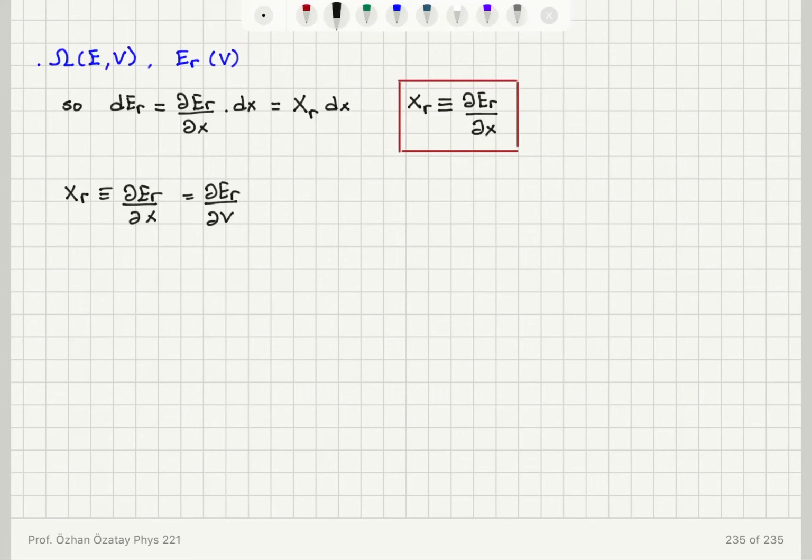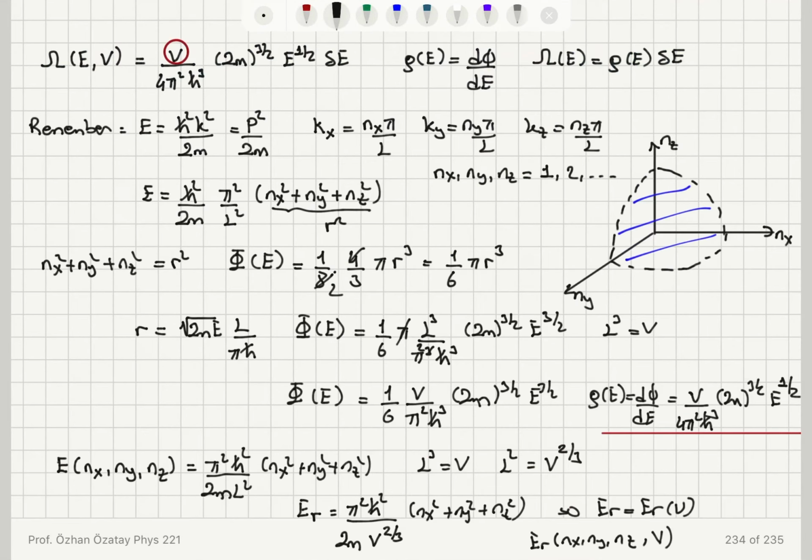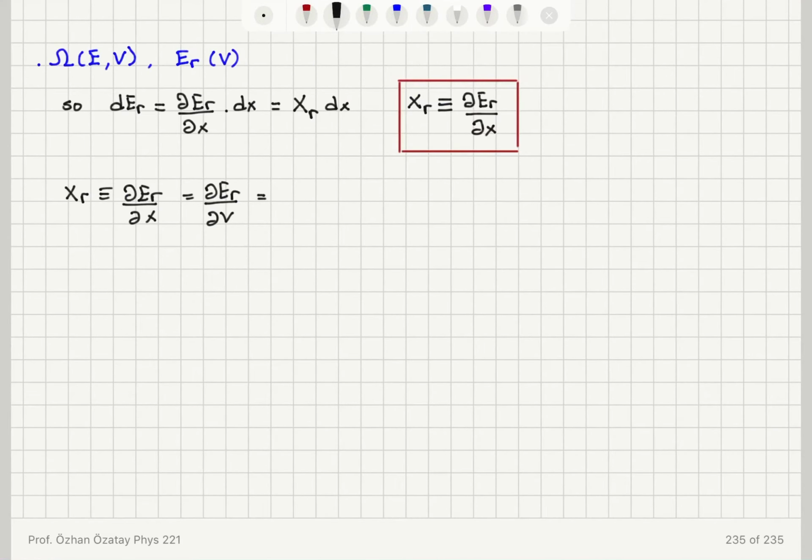Well, because you have a power V to the power 2 over 3, or V to the minus 2 over 3 if you put it in the numerator, the derivative will give us a minus 2 over 3 pi squared h bar squared divided by 2m.